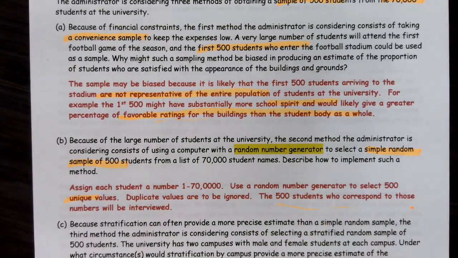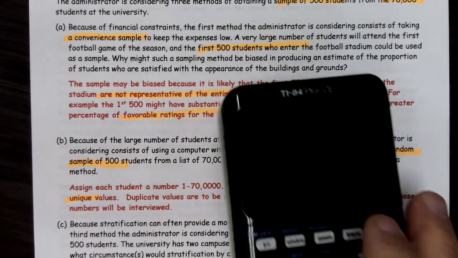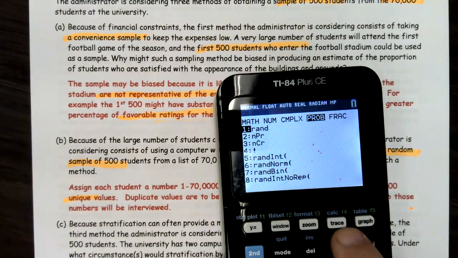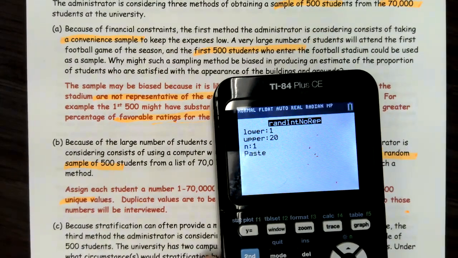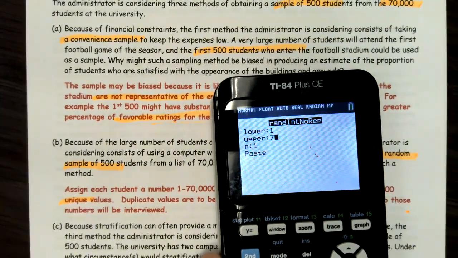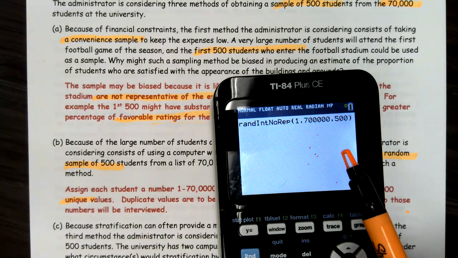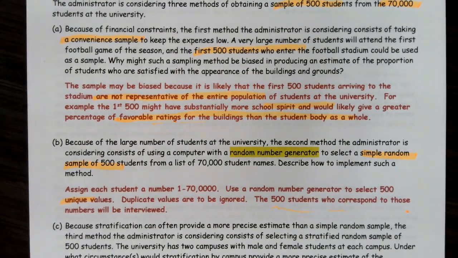So I need to say I'm going to use a random number generator, and I could do that on my calculator. I could go math, probability, random integer, no repeat, 1, 70,000, sample size 500. And at some point, it would take a while, but it'll ultimately give me 500 numbers to go select those people. All right?